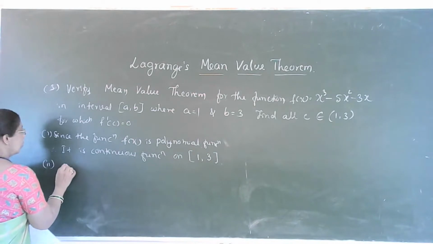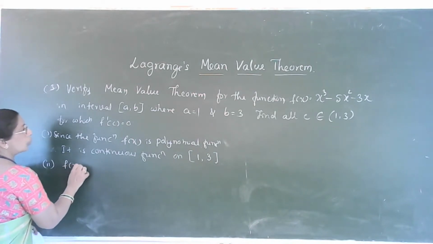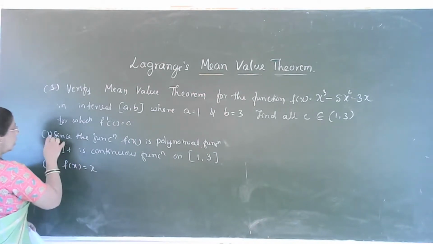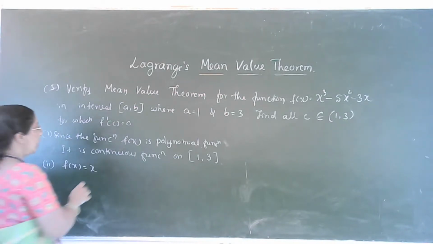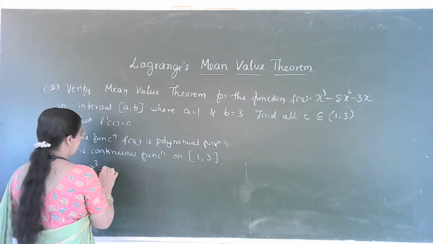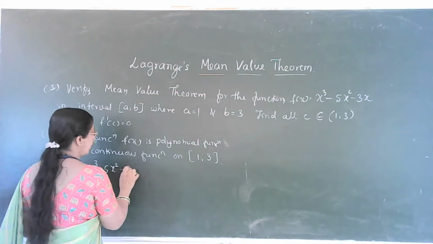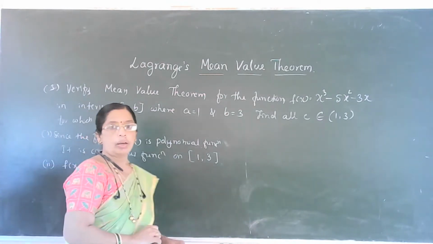Second, f of x is equal to x cube minus 5x square minus 3x.